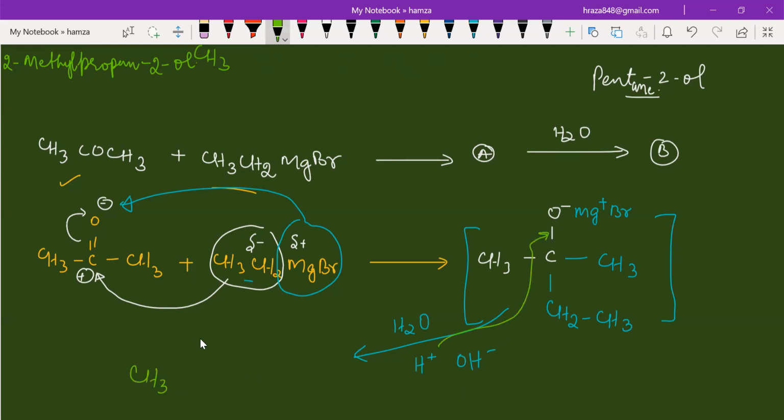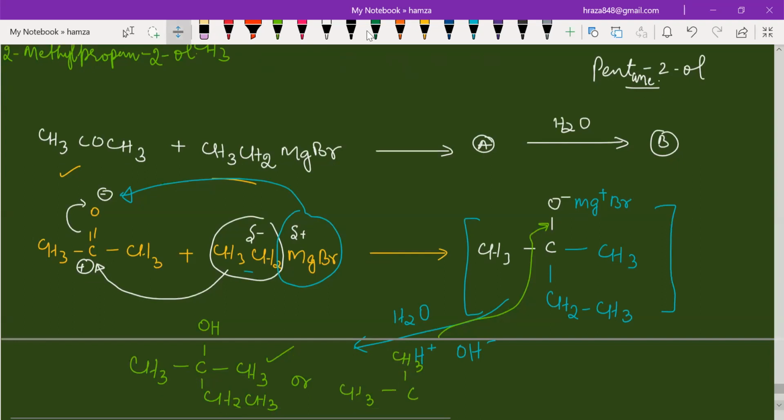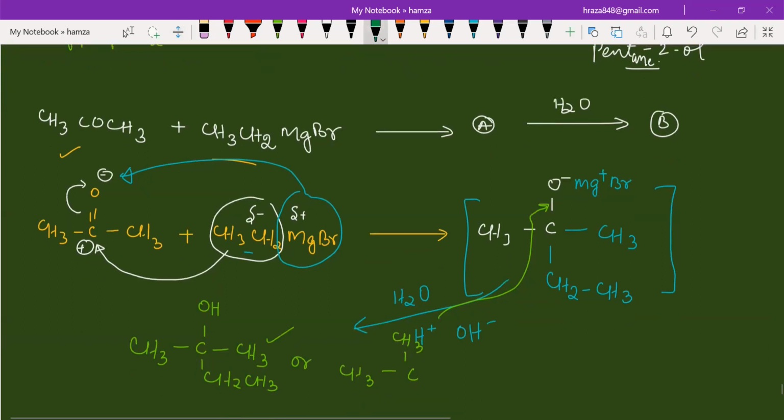You will get a product CH3 COH, and then CH3 was there, and then CH2 CH3, or we can write directly CH3 C. This CH3 I'm going to write on top, and this OH on the bottom, and this CH2 CH3 on the right hand side. And this negative will go to this positive, and the byproduct will be MgOHBr.